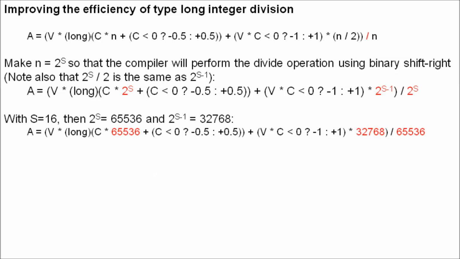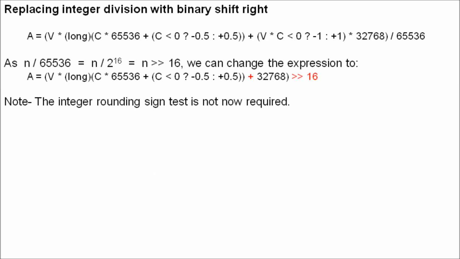So here we have made n equal to 2 to the power of 16, which is 65,536. Instead of using a divide operator where the compiler would perform the operation using shift right, we can replace the divide operator with a shift right operator.